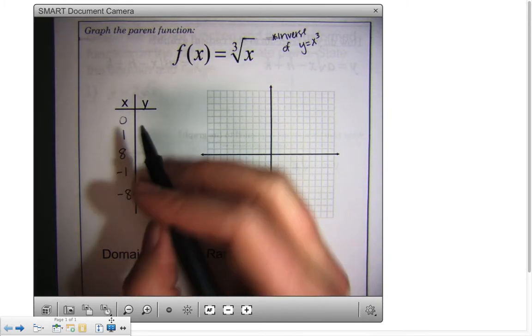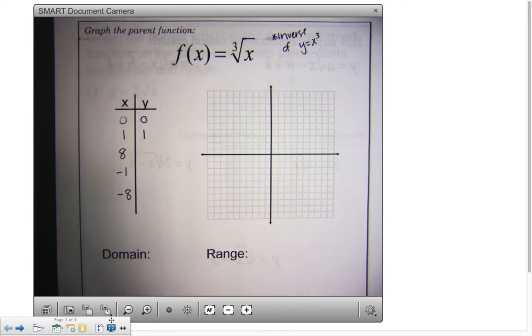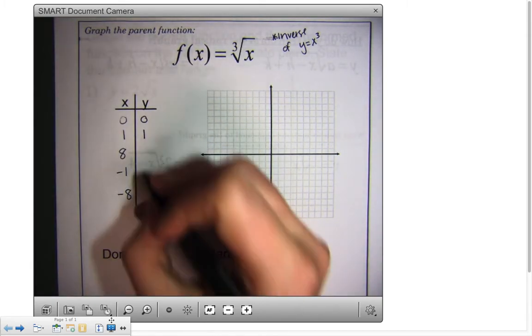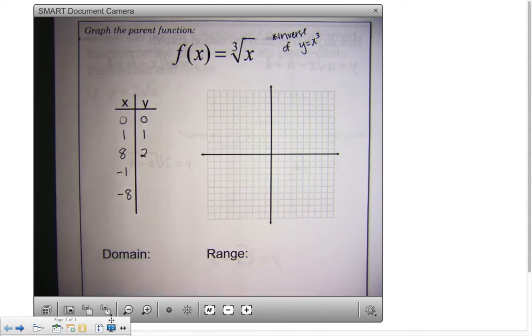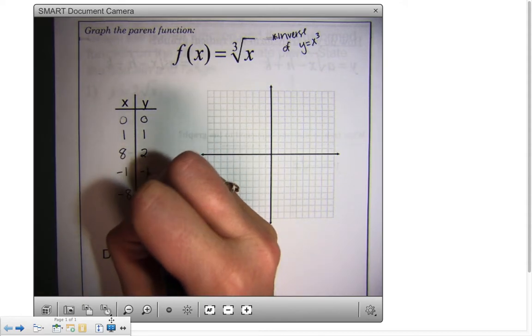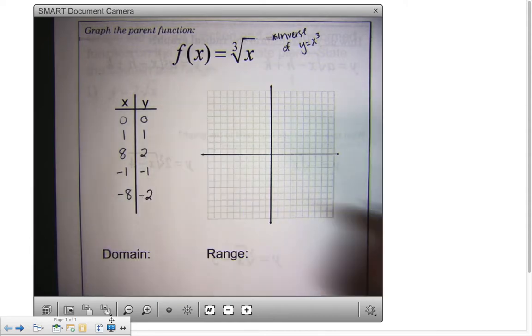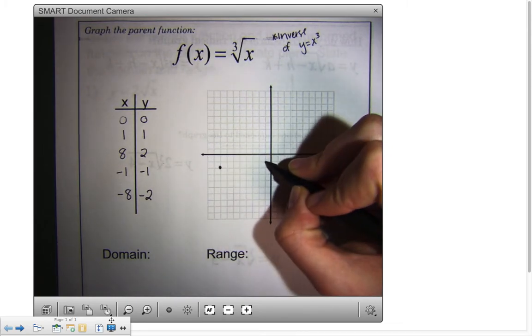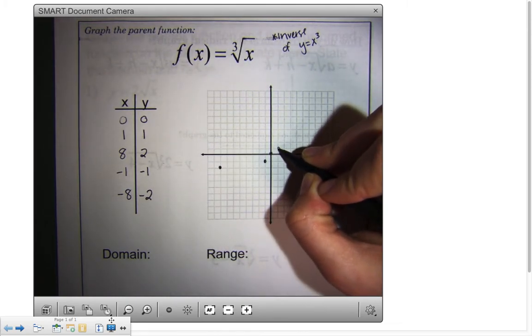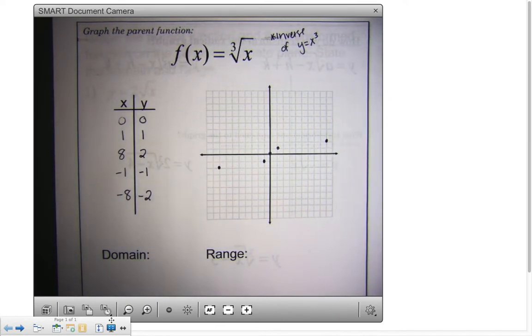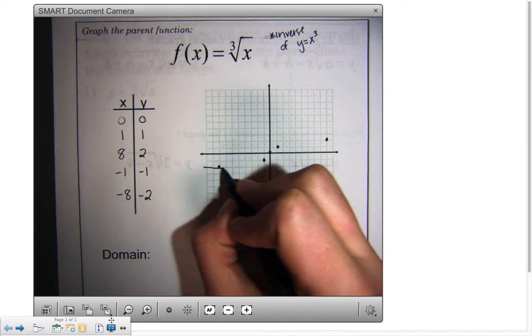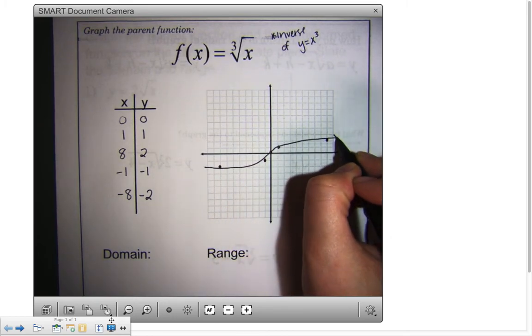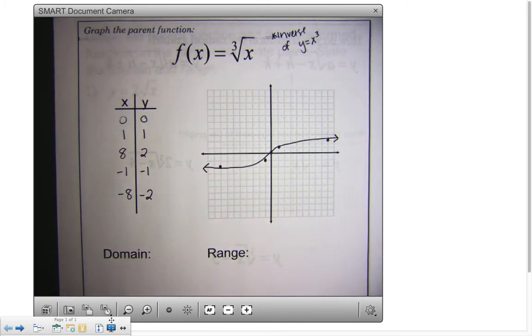So we know the cube root of 0 is 0, cube root of 1 is 1, cube root of 8 is 2, cube root of negative 1 is negative 1, and cube root of negative 8 is negative 2. So there's the graph of your cube root function.